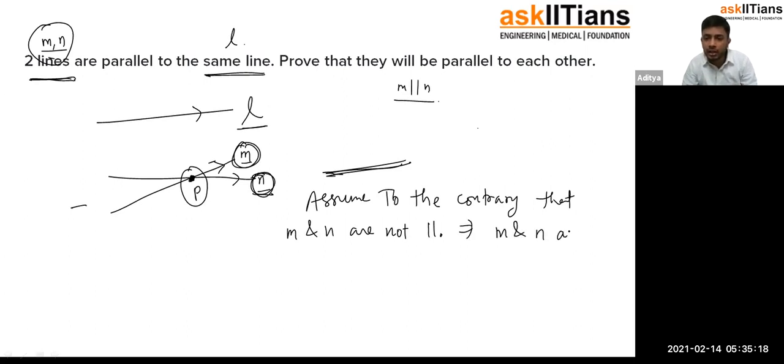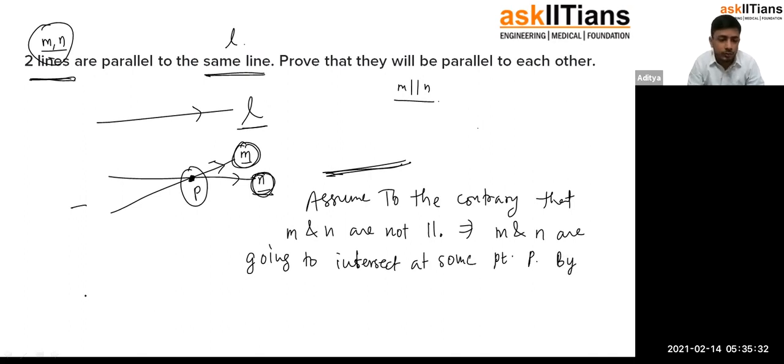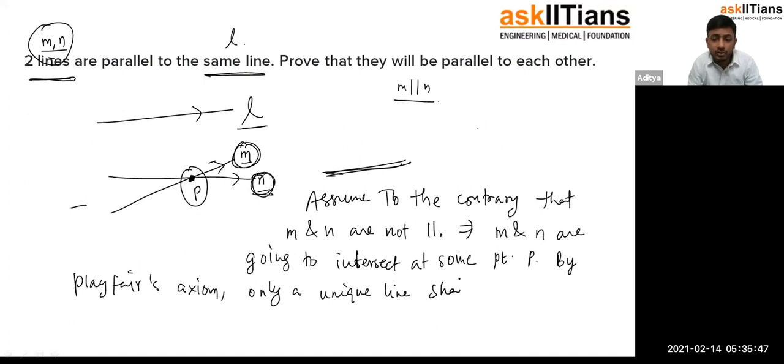M and N are going to intersect at some point P. By Playfair's axiom, what can we say? By Playfair's axiom, only a unique line shall pass through P which is parallel to line L.